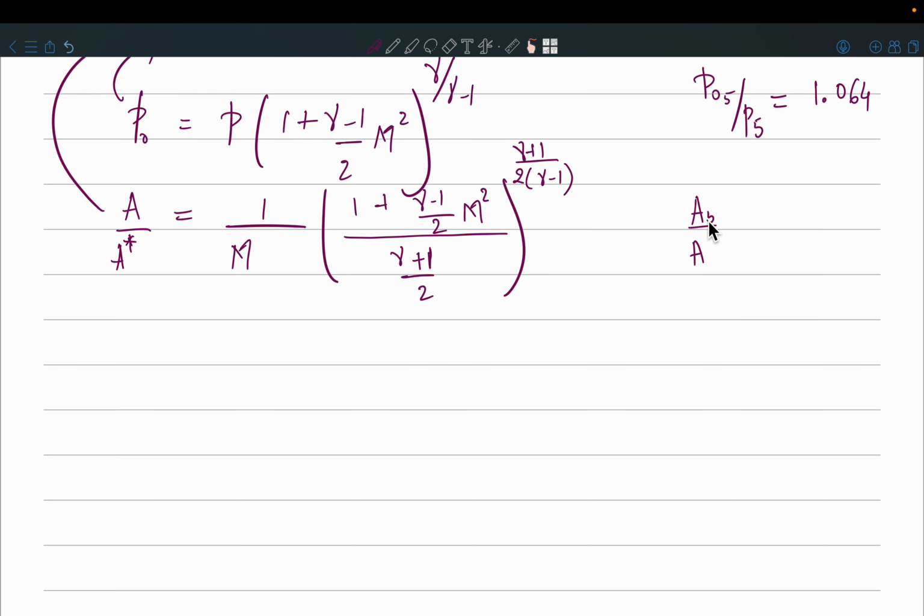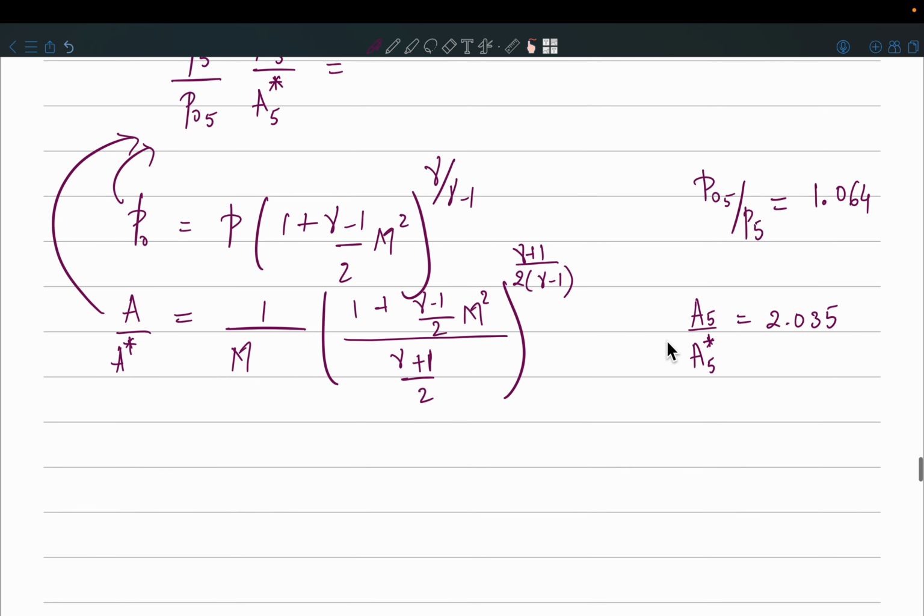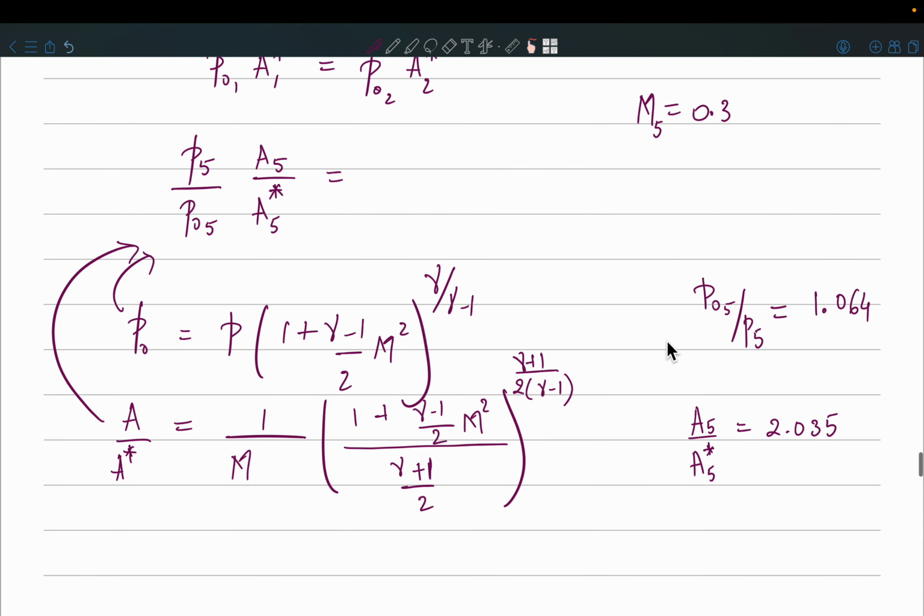So A5 by A5 star is equal to 2.035. That is pretty large. Okay, fine. If you just multiply and get this value, remember this is P naught by P, so you will have to multiply 1 by 1.064 with 2.035.